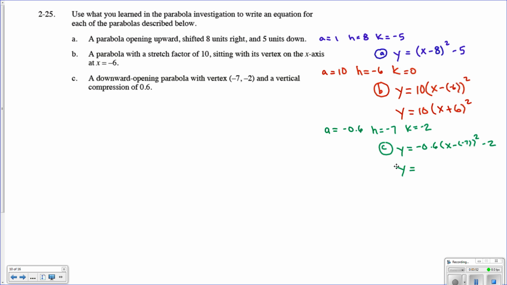So y equals -0.6 times x plus 7 squared, because minus a negative is plus, minus 2. And that should be our third equation. So we have A, B, remember B is this second one here, we've simplified it, and C is this one where we've simplified it there.